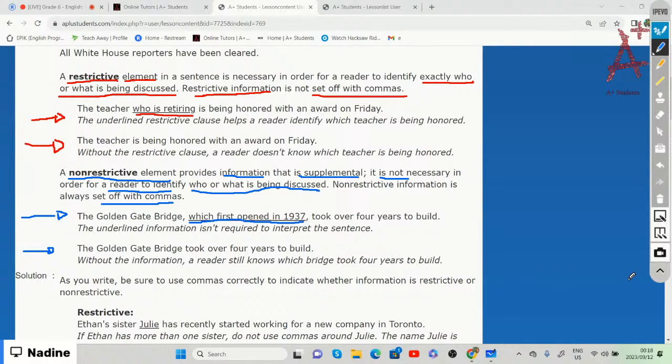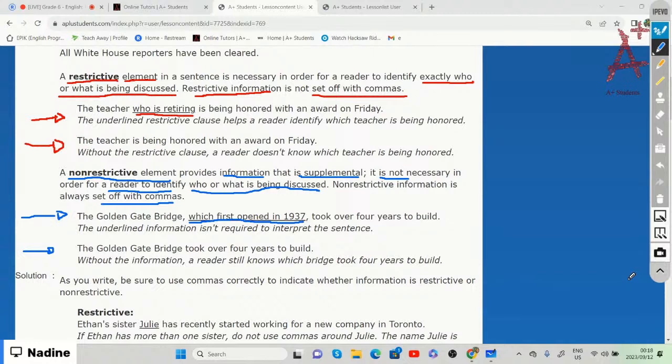That is with the non-restrictive elements. We don't even have to say which first opened in 1937. That is added information. And with non-restrictive elements, they have added information which is not even necessary. So the Golden Gate Bridge took over 4 years to build.